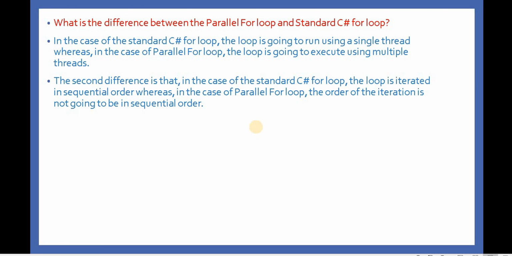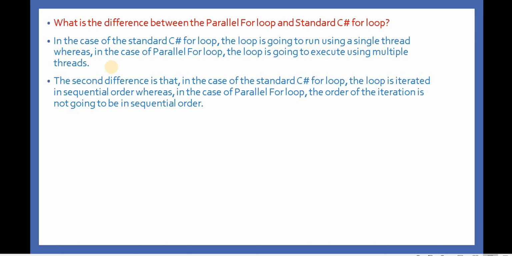Now, let's see the difference between the parallel for loop and the standard C# for loop. In the case of the standard C# for loop, the loop runs using a single thread, whereas the parallel for loop executes using multiple threads. So that is the main difference.